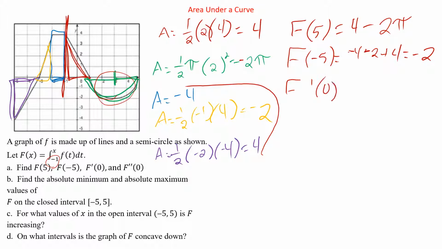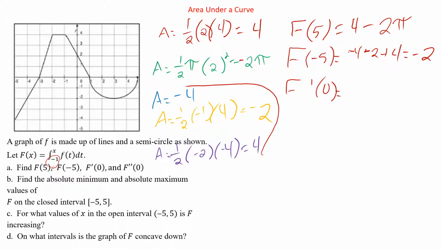F prime of 0. So F prime, I'm going to erase some of my little shapes here so we can see the graph again. Now F prime is the derivative. It's the slope. The slope of capital F is the lowercase f.